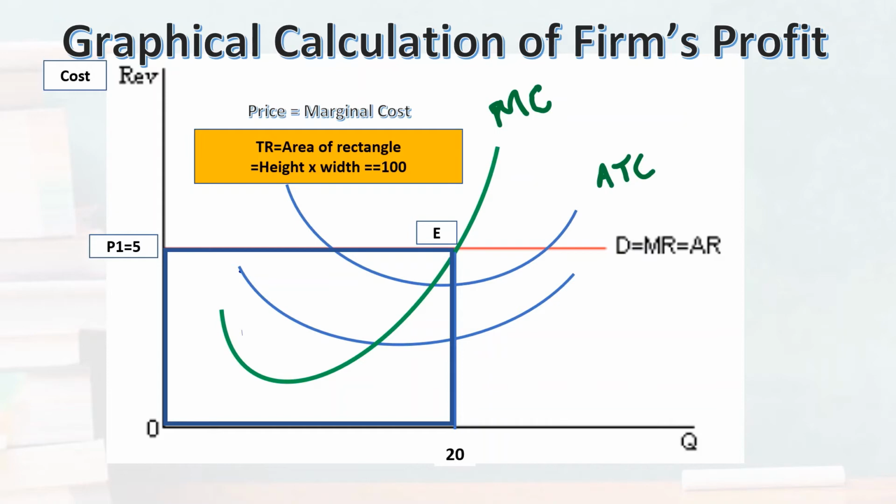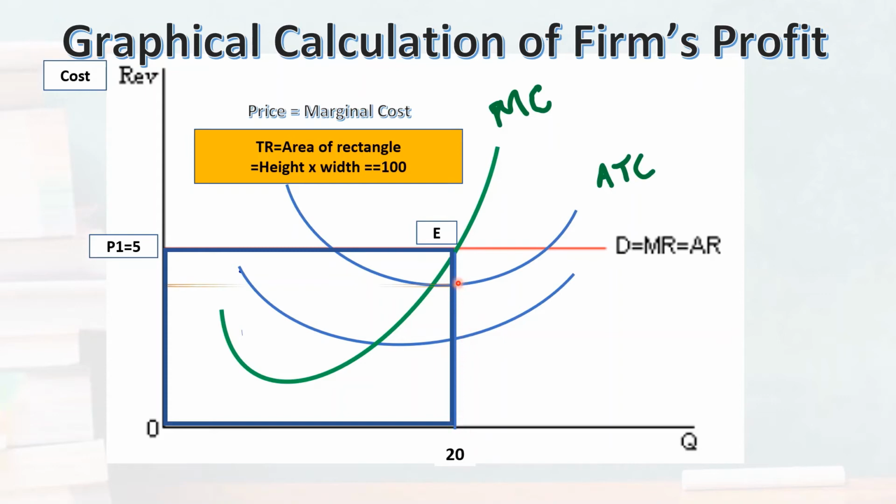Now in order to calculate profit, what we need is cost. In order to determine cost, we have to move from this output level on the average total cost, or we can move from this point on the average total cost. Here we have the average total cost to produce these 20 units of good.